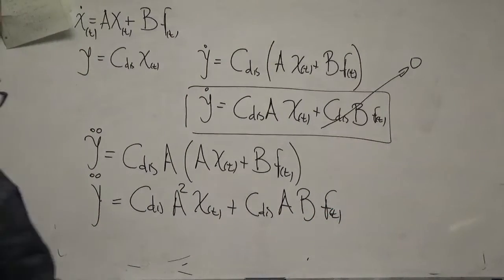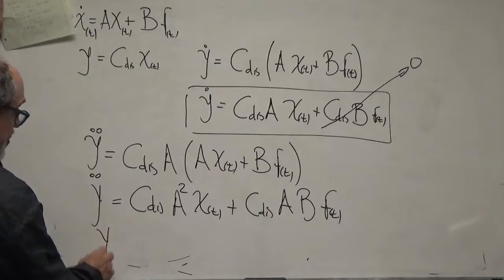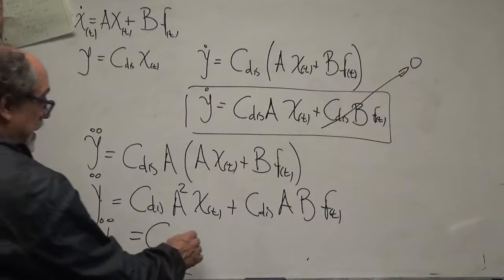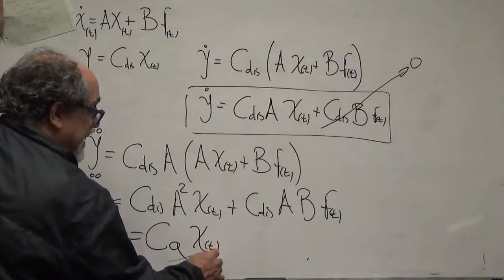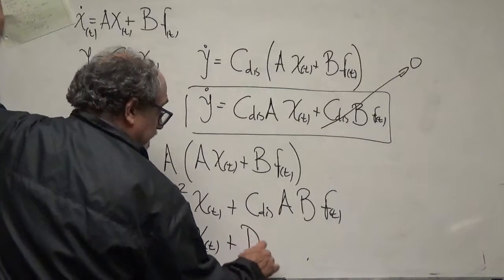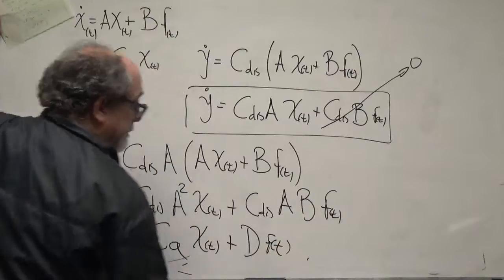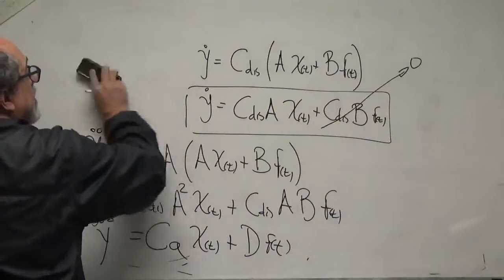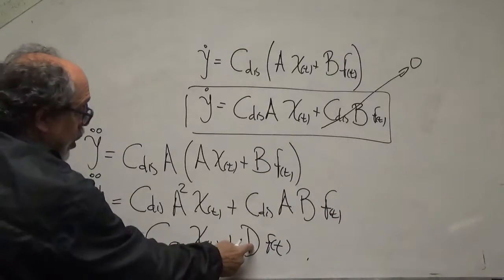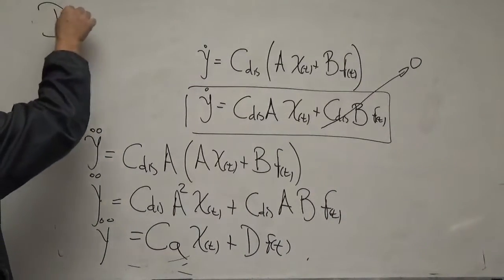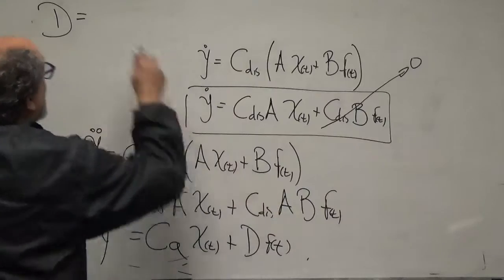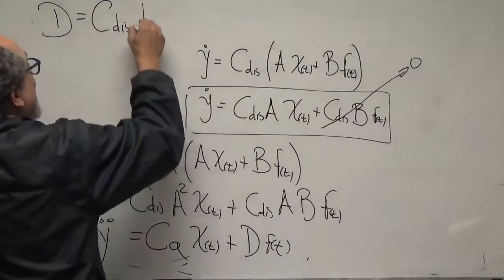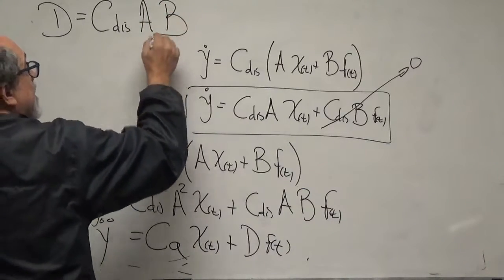But we recognize that if we were measuring accelerations, this would simply be the C acceleration times x(t), and this would be D times f(t), right? Therefore, what do we conclude from that? We conclude that D has an expression which is C displacement times A times B, right?